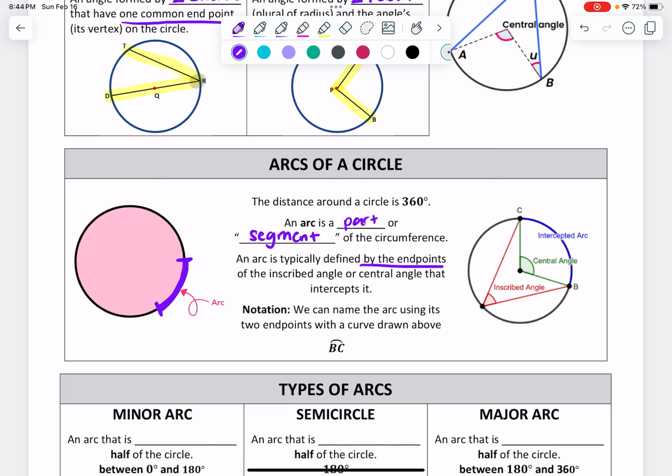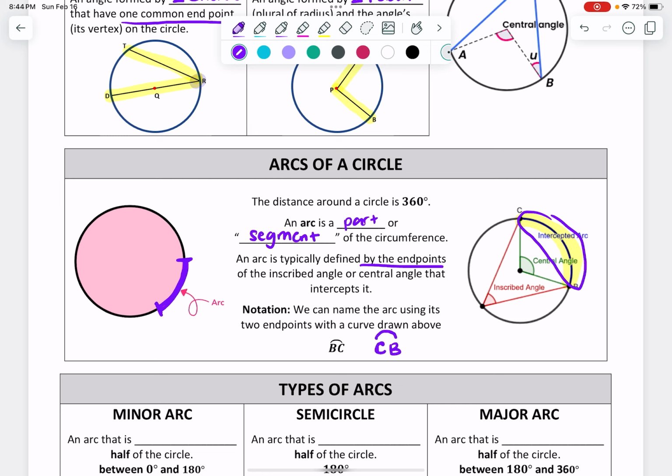Now, notation-wise, we use the endpoints of that arc, but on top of it, we draw a curved shape so that it looks like the arc. So if I'm talking about this arc here, the arc that is intercepted by both the inscribed and central angle in this picture, we can call it arc BC or arc CB.